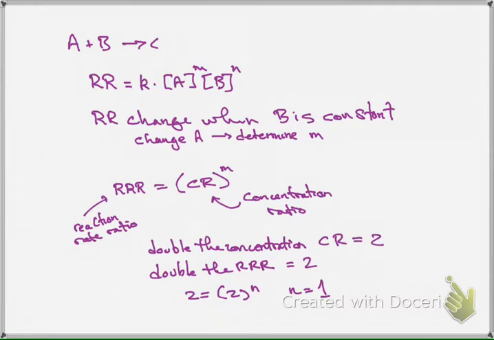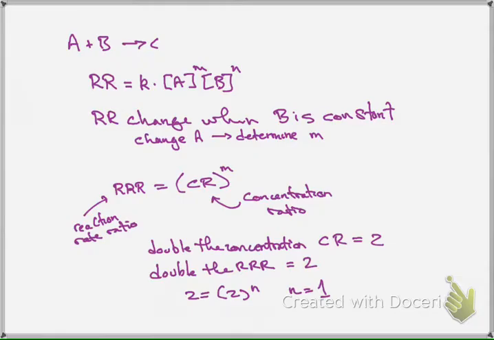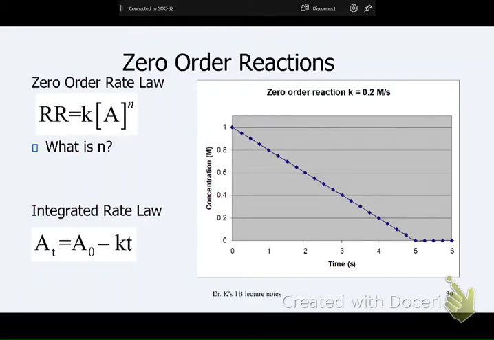But if you do it like this, let me show you something we're just talking about. You can get the order from the graph because it looks 0 order, and you can get the rate constant from the slope.